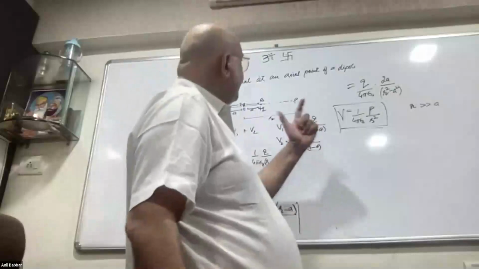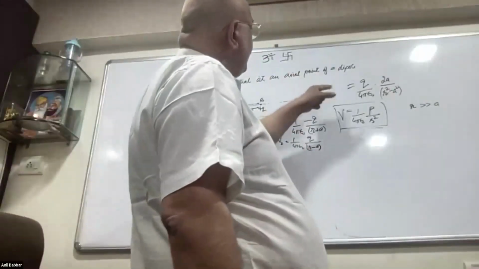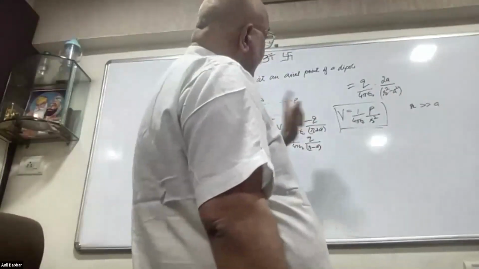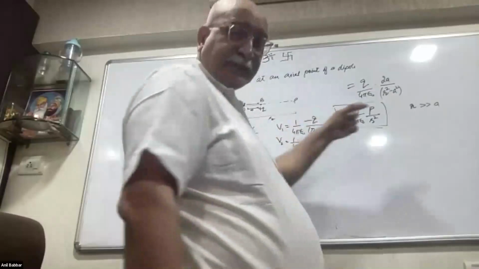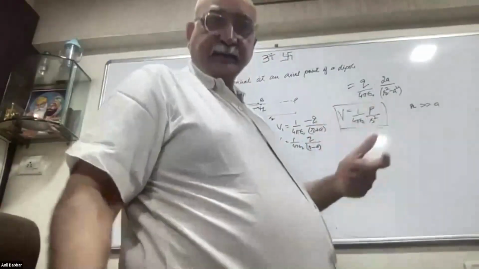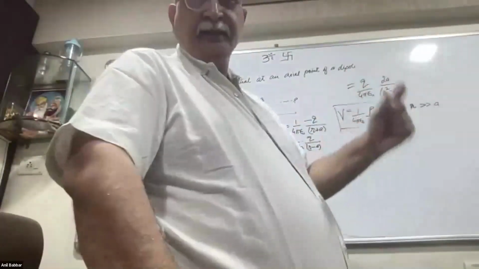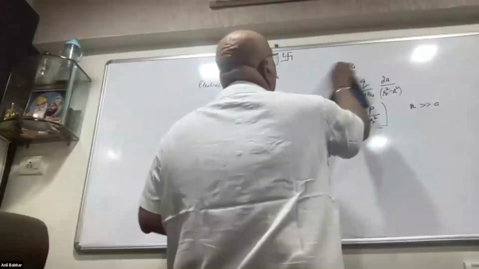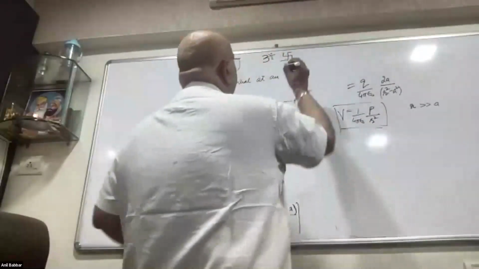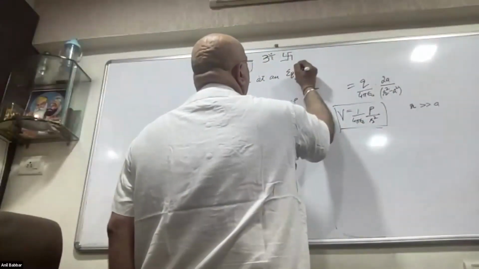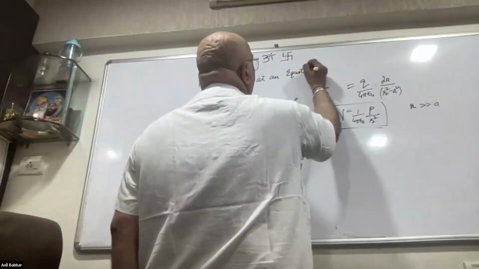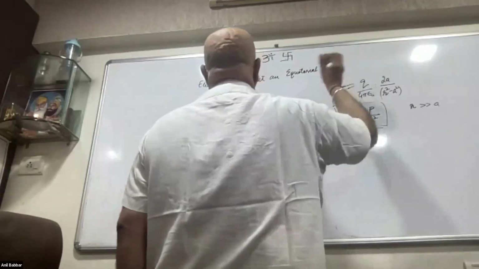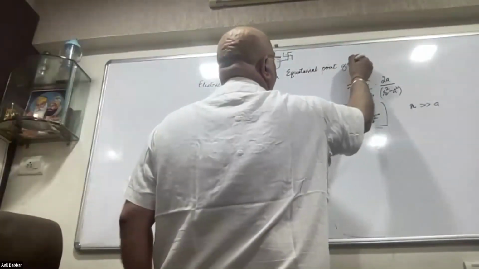Now let's change this position from an axial point. This is the electric potential due to dipole at a point which lies on the axis of the dipole. Now we'll find the electric potential at an equatorial point of a dipole.